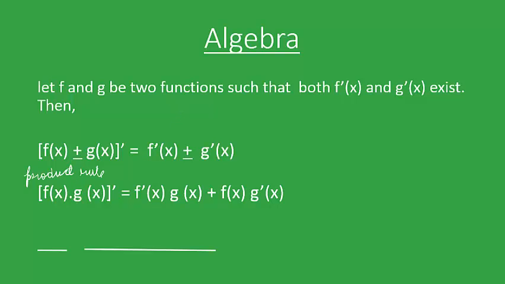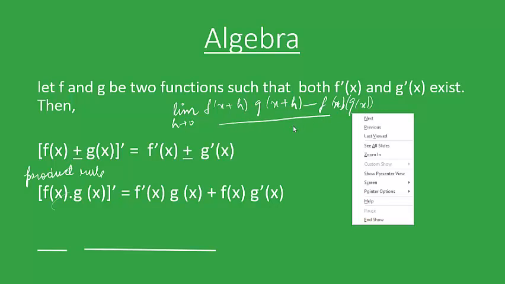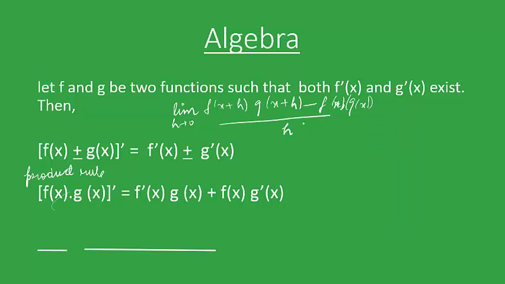So let's write down the derivative of this particular function by the first principle. So we have limit h tends to 0 of f of x plus h into g of x plus h minus f(x) g(x) upon h. This is the first principle.